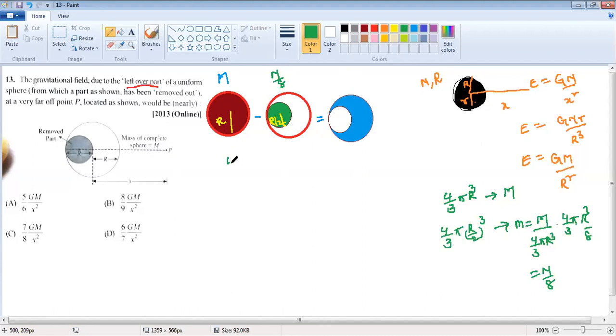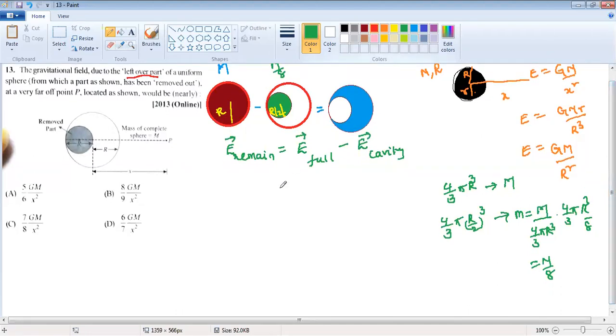Now the field due to the remaining part is equal to the field due to the full one minus the field due to the cavity part, that means the removed part, at a distance x. So what is the full part? The full part means the complete sphere, from the center it is x distance, so outward, GM by x square.